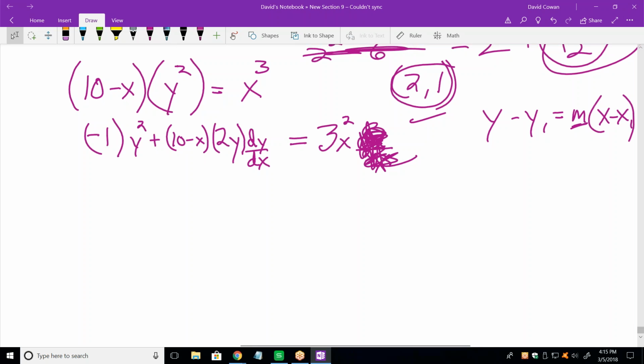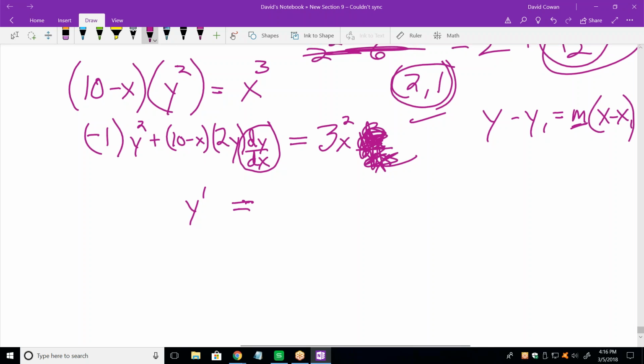Now you try to get the dy dx all on its own. C is right there, so let's isolate that. We could write y prime instead of having to write that dy dx everywhere. Y prime is going to be equal to what?